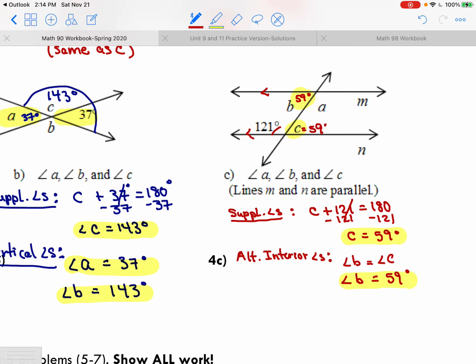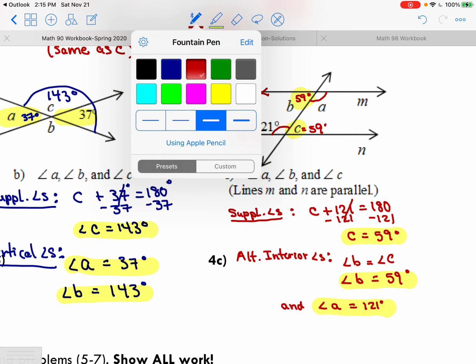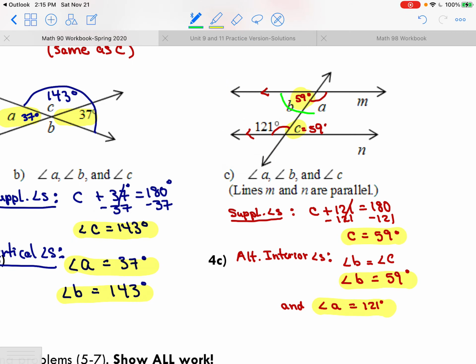And we can also say the same for here, right? This angle and this angle are alternate interior angles, right? Therefore, we know also, and, we know that angle A is the same as 121 degrees, which is our last one to solve. And we could have checked that too, right? We could have said, I'm not sure if I feel really comfortable with that, so let's go with this idea of supplementary.